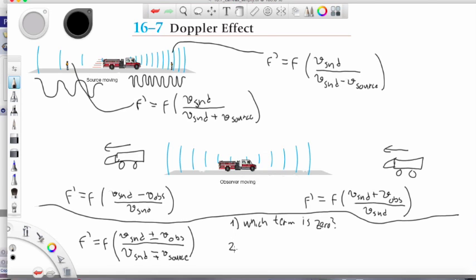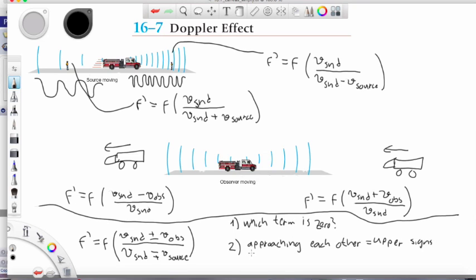Once that has been decided, we have to think which signs we should use, the plus minus here and the minus plus here. The rule is if the source and the observer are approaching each other, we will use the upper signs.